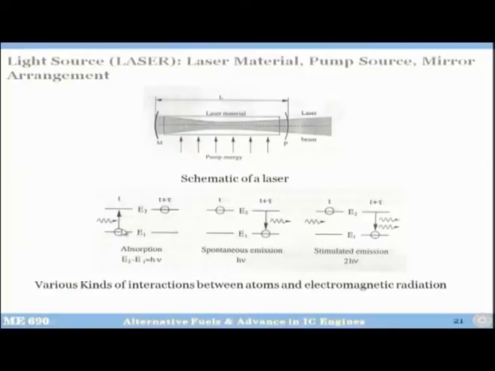Then this electron will move to the higher energy state. But for this to happen, what is important is that the difference in the energy levels of the higher state and the lower state, E2 minus E1, has to be equal to the energy of the photon, which is h nu.